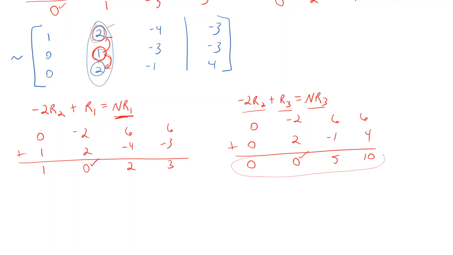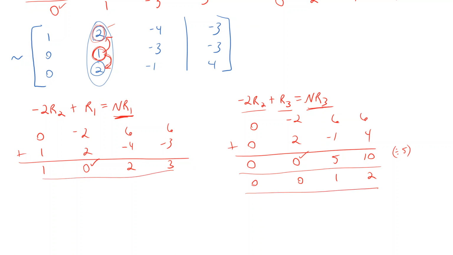So in this particular case, I noticed that 5 and 10 are both divisible by 5. So I'm going to divide by 5 here to make the numbers easier to work with. So that's going to give me 0, 0, 1, 2. So that's my new row 3 now. So I've got my new row 1 and my new row 3.